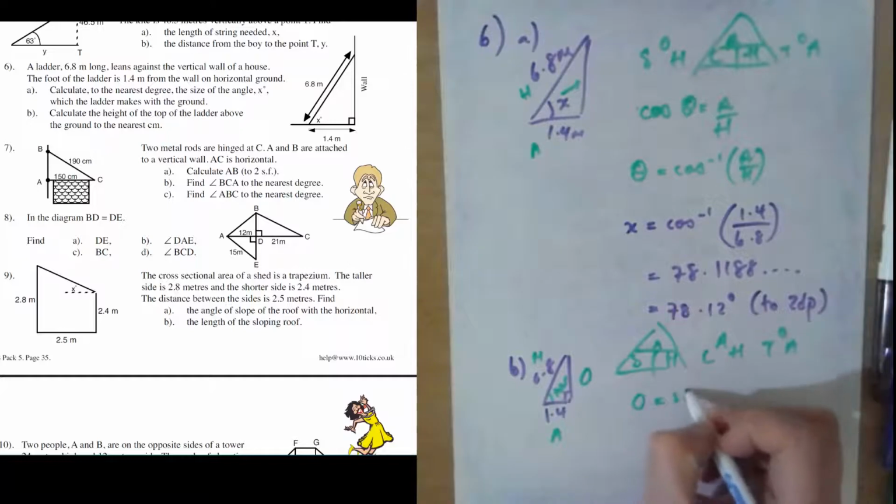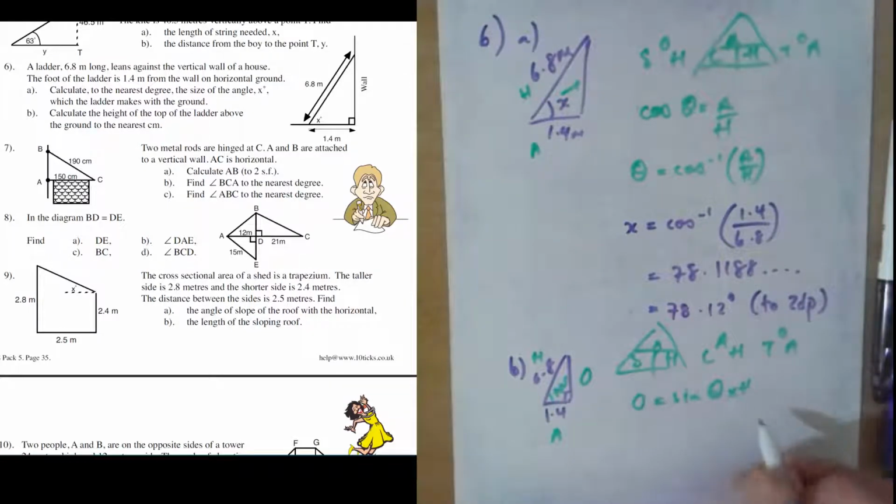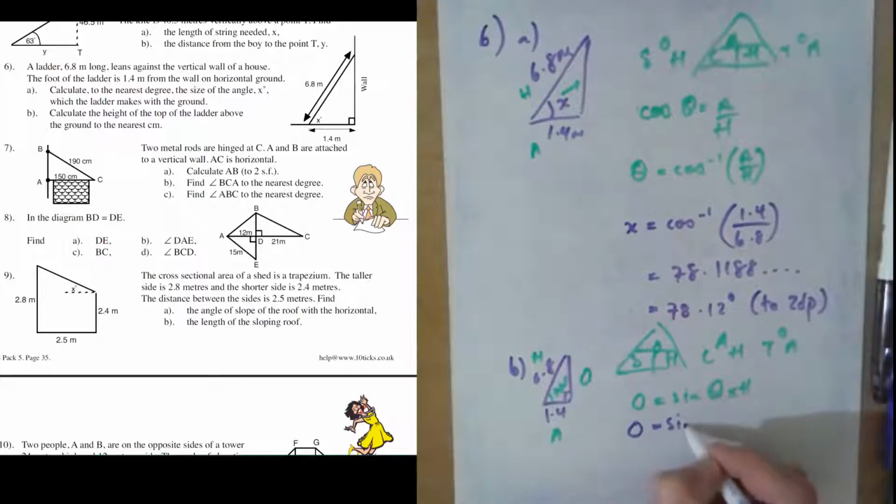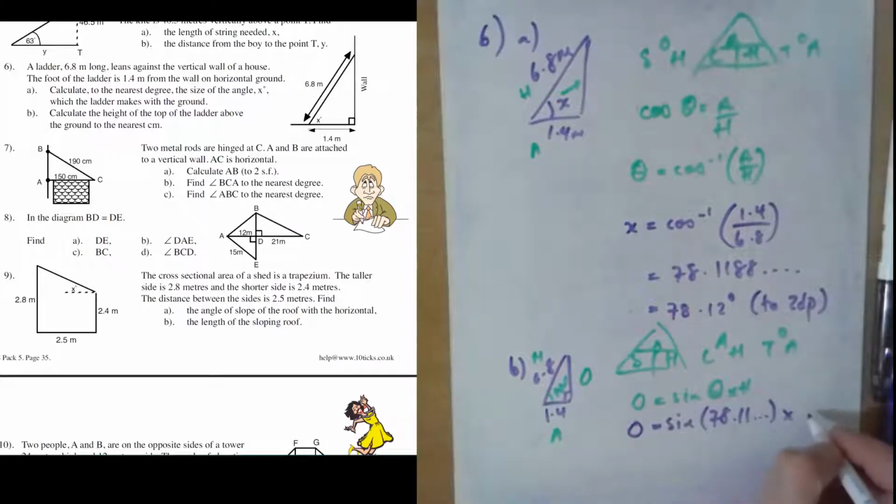So opposite is sine theta multiplied by the hypotenuse. Okay, so O equals sine, and I'm going to put 78.11... because I'm not using the rounded answer, I'm using the exact answer, multiplied by 6.8.